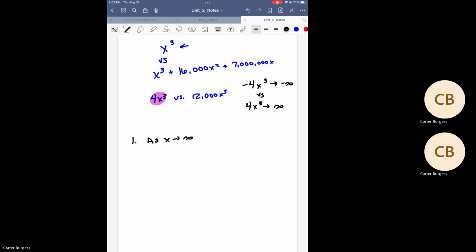So this coefficient determines what happens as we approach positive infinity. In particular, if our leading coefficient is greater than 0, then our function follows suit, shoots up towards positive infinity. Whereas if our leading coefficient is less than 0, then our function flips on its head, shoots downward towards negative infinity.